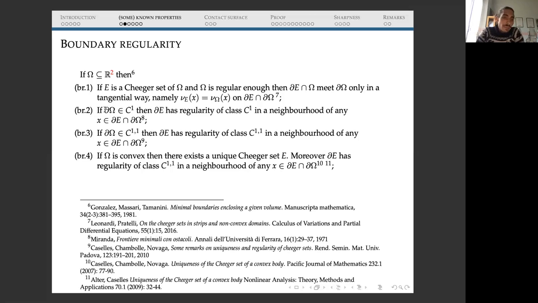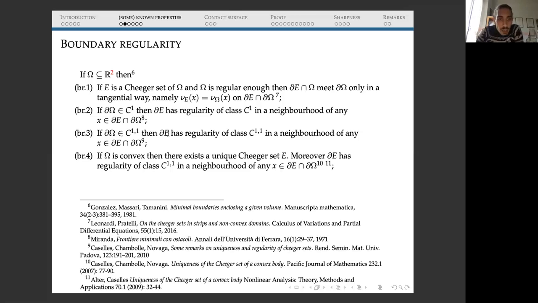If the boundary of the ambient space is C^1, then the boundary of E has to be C^1 as well in a neighborhood of the contact point. And also C^{1,1} can be transferred to the boundary of E. Finally, if omega is convex, then you can also claim uniqueness of the Cheeger set, and also C^{1,1} regularity of the boundary can be inferred around contact points.